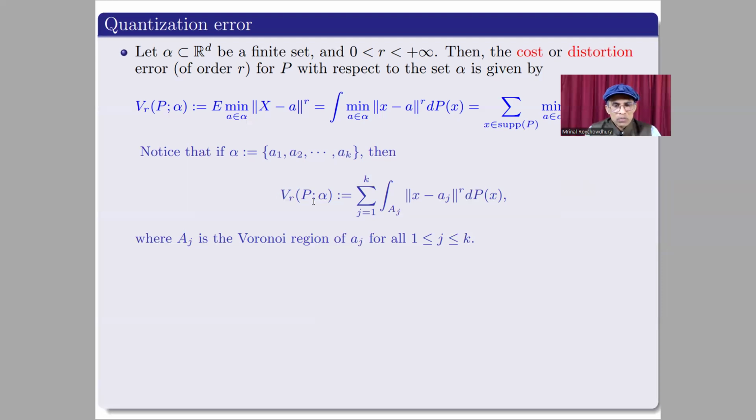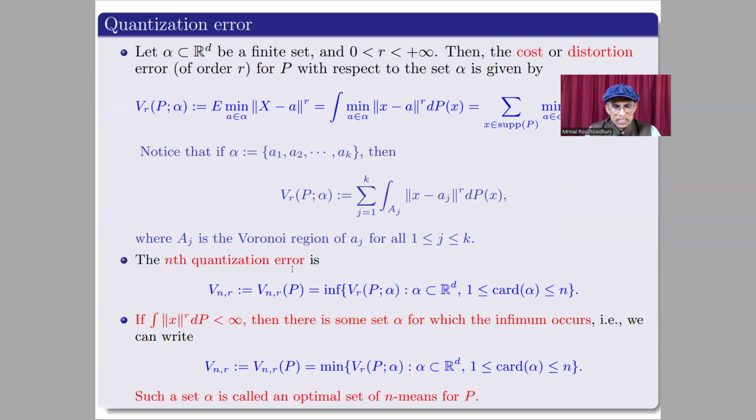Of course, if you take different alpha, the error may be different. The nth quantization error is defined by this formula. Quantization error means smallest error. So you calculate all kinds of error like this, and the infimum of all these errors is called the nth quantization error. So it is the infimum of V_r(P, alpha), calculated like this, where alpha is a subset of R^d and the cardinality of alpha lies between 1 and n.